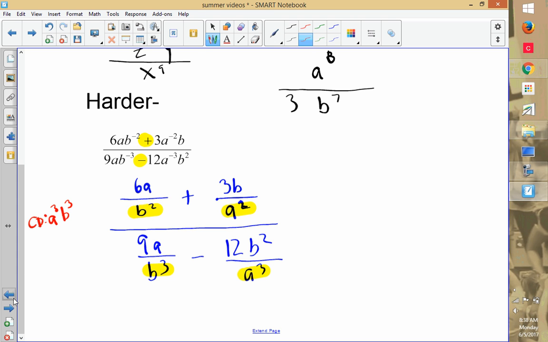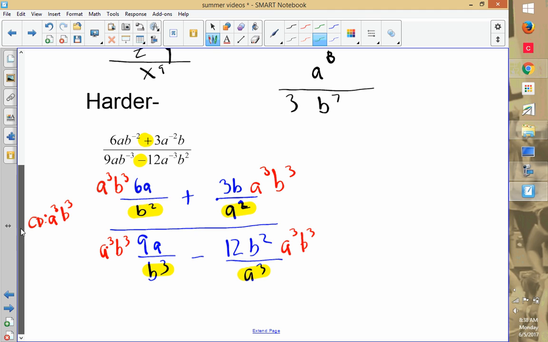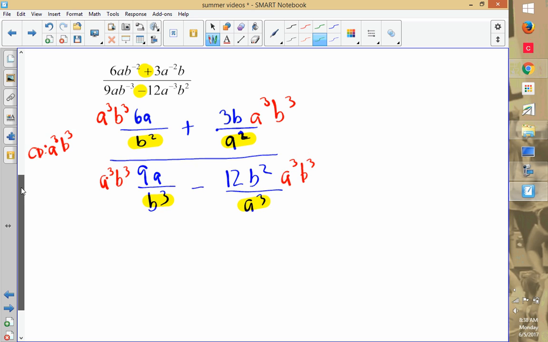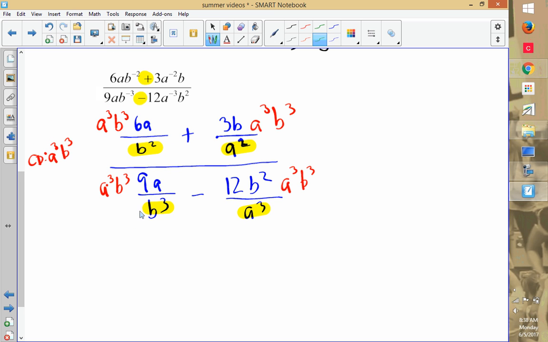And to get rid of the fractions within fractions, we are going to multiply every term in this larger fraction by that common denominator, a to the third, b to the third. I'm going to try to do this color-coded so you can see what's going on. The purpose of that was that we can cancel and simplify all of the denominators of our fractions within the fractions.